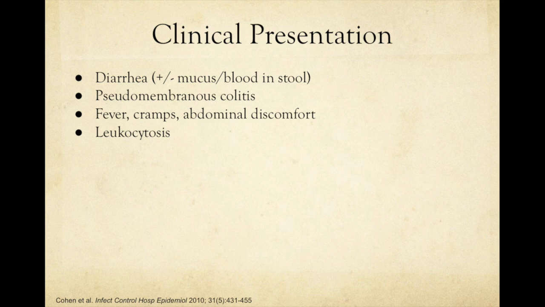You can also see pseudomembranous colitis. Fever, cramping, abdominal discomfort, and even leukocytosis can be seen, but they're found in far fewer patients. You can also see arthritis and bacteremia possibly occurring, but these are otherwise rare.